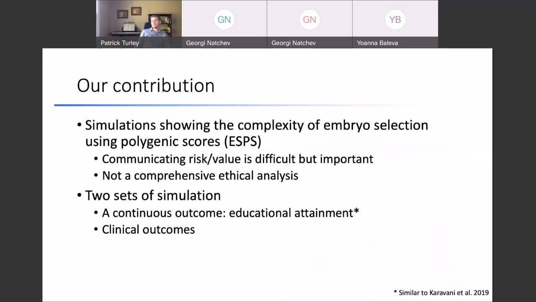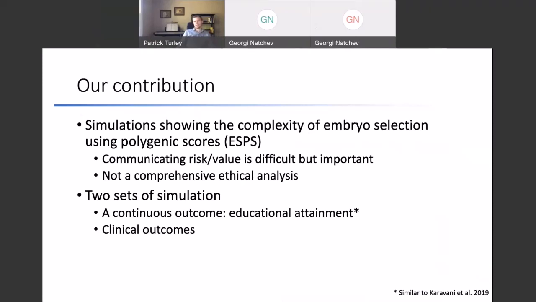But to give an overview of what we did, we performed a handful of simulations based on current information about how well polygenic scores predict different diseases and traits. And we did a bunch of simulations to evaluate what the expected benefits and risks might be to using polygenic scores to select embryos.